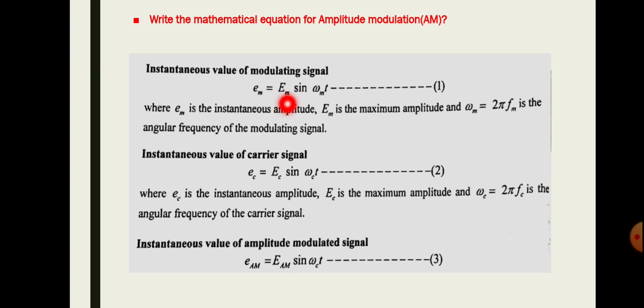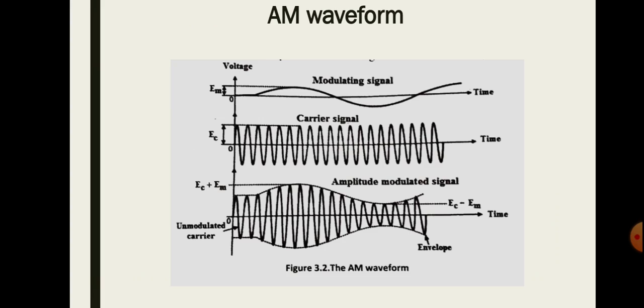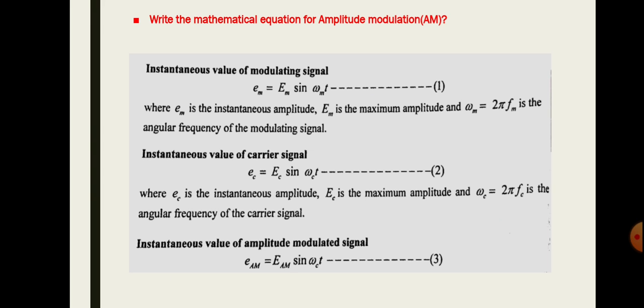Capital EM is the maximum amplitude of the modulating signal, that you can see in the figure. This EM is the maximum amplitude and frequency is Fm and angular frequency will be 2 pi Fm, and instantaneous value of this sine wave is obtained by this equation, that is em equal to EM sin omega m t.